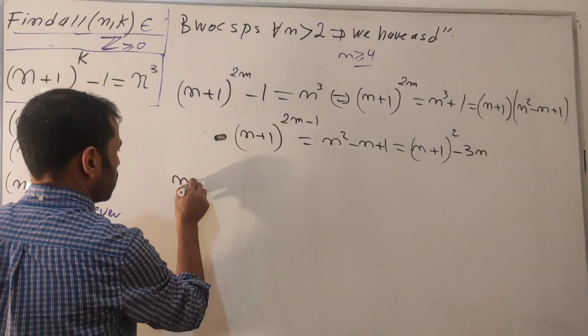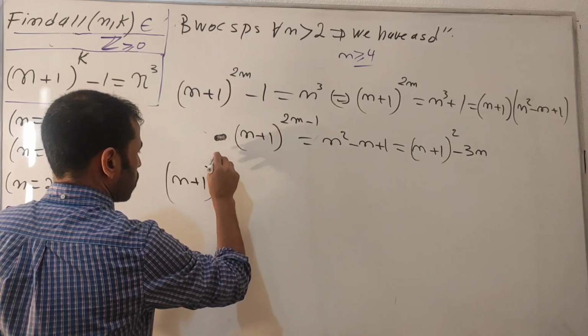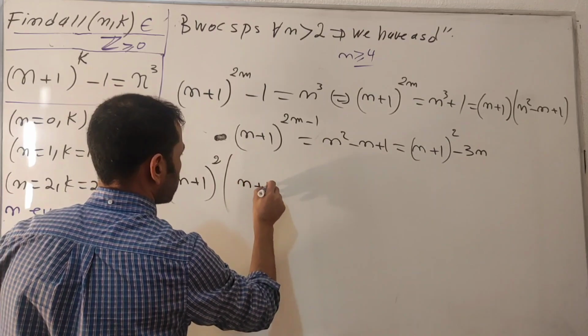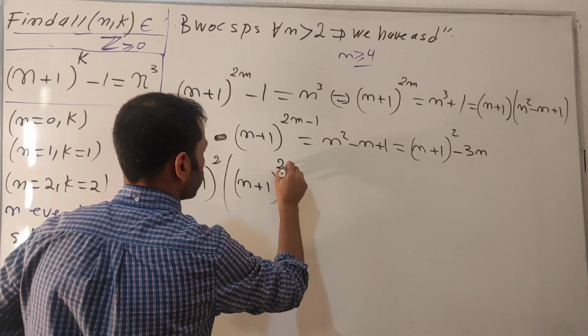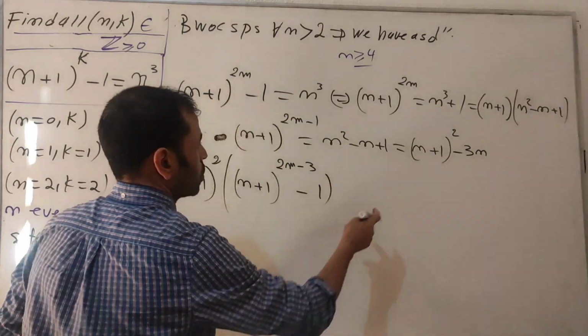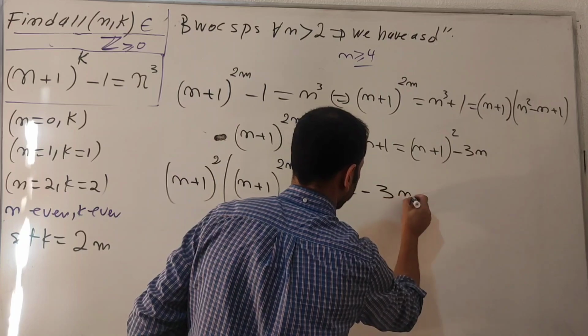So I get (n+1)^2 multiplied by ((n+1)^(2m-3) minus 1), because I already moved this one to the left, which equals negative 3n, okay?